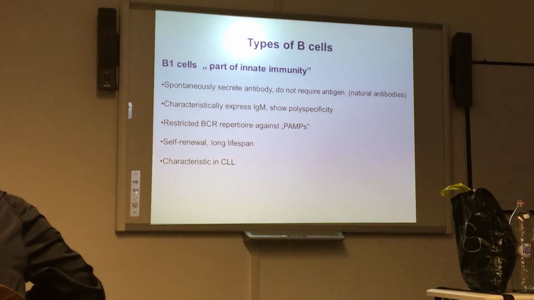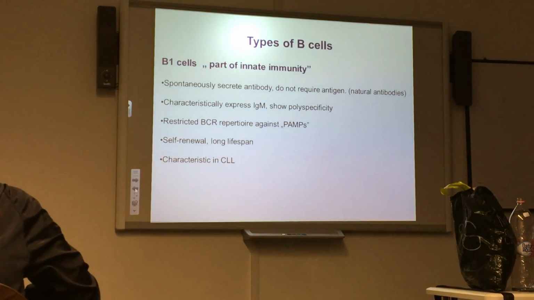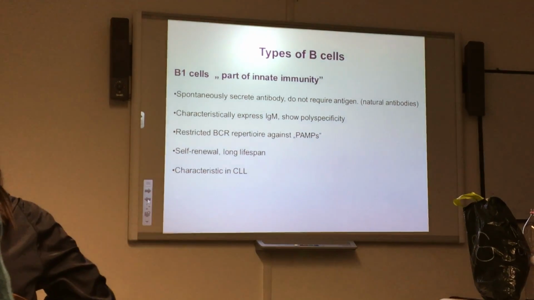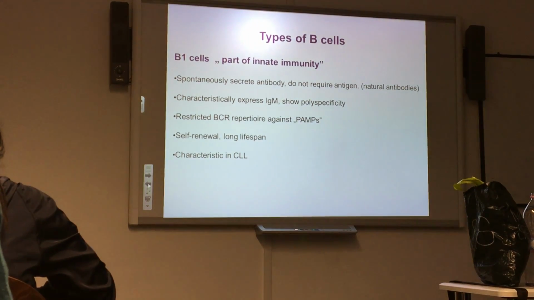Okay, what are the main characteristics of B1 cells? They are the main cell type which produces the natural antibodies, which have the isotype of IgM.